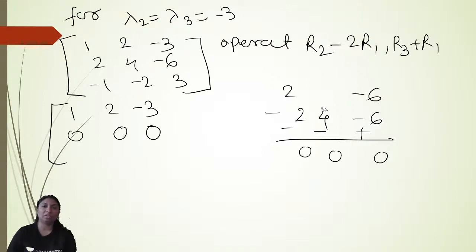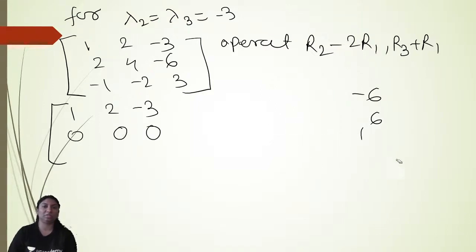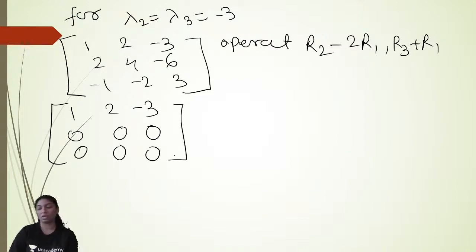Now R3 plus R1 gives 1, 2, minus 3 and 0 0 0. So the rank of this matrix is r is equal to 1.